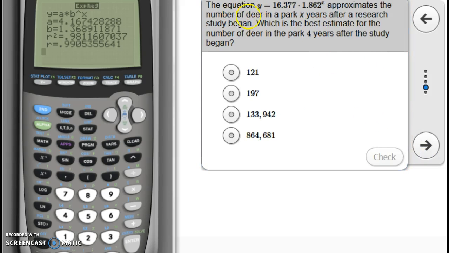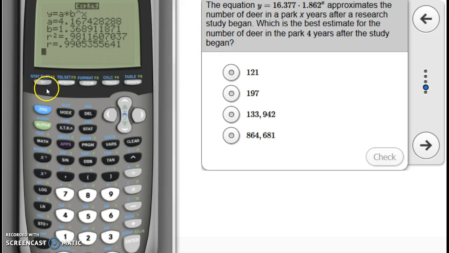And here's another one. The equation y equals 16.377 times 1.862 to the x approximates the number of deer in a park x years after research study began. Which is the best estimate for the number of deer in the park 4 years after?